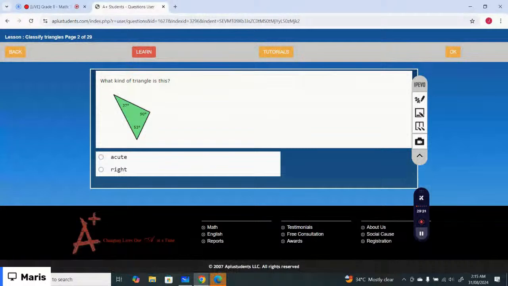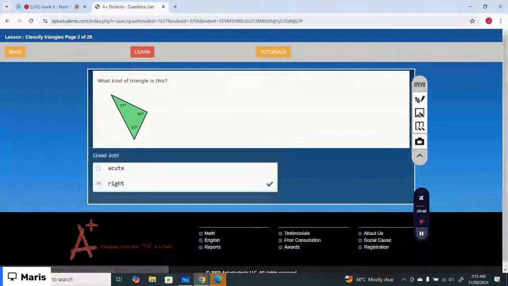One of the angles is exactly 90 degrees, right? So that is a right angle triangle. Option number two is the correct option.